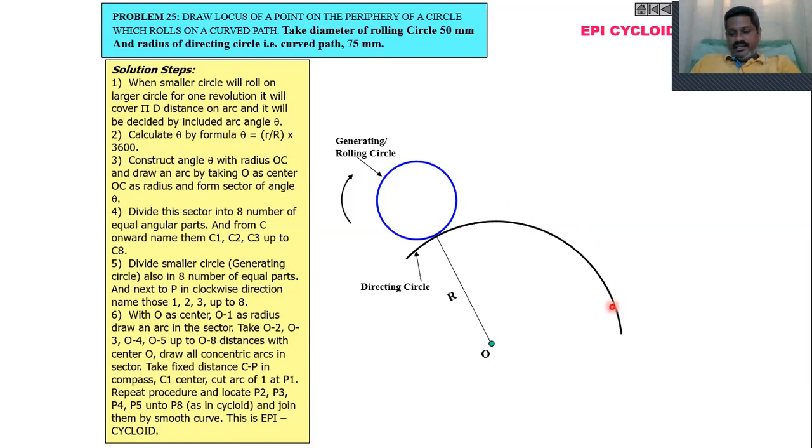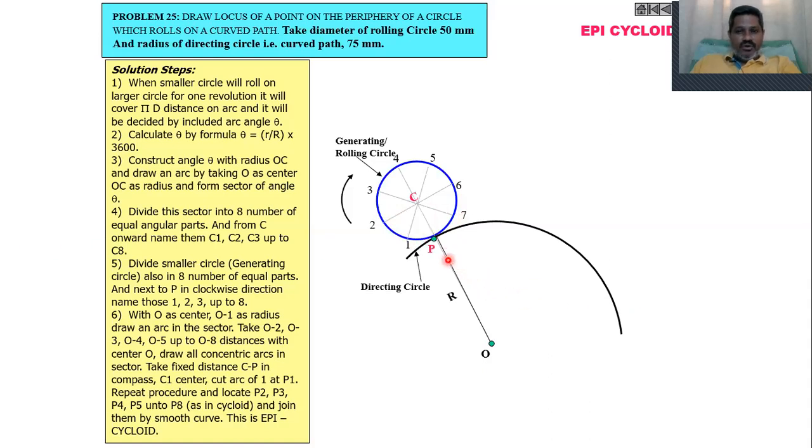After calculating that, divide this generating circle into a convenient number of equal divisions. In this case, I am dividing the generating circle into 8 equal divisions and naming all those divisions from 1 to 8 like this.